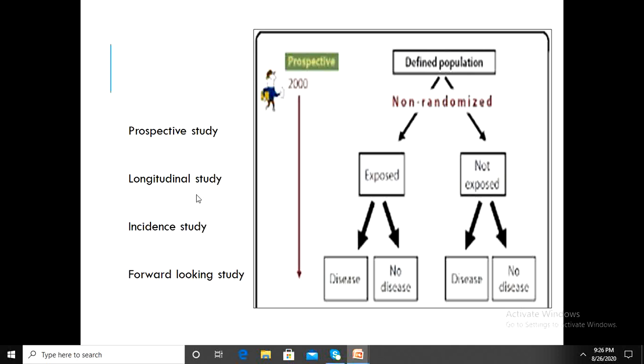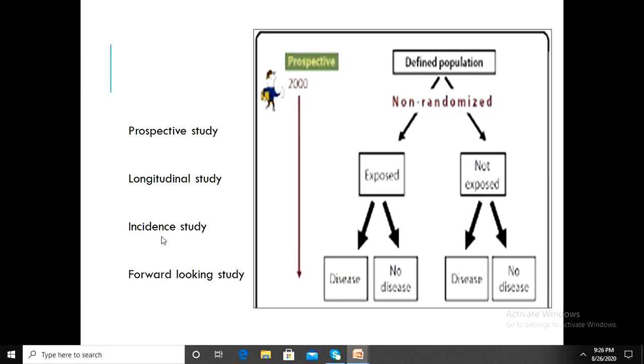Again, it is also known as a longitudinal study because of the longer duration of the research. It is known as an incidence study because the number of new cases occur in front of the eyes of the researcher in the population at risk. The numerator and the denominator both can be calculated by the researcher. This is the only study in which the incidence of a disease can be calculated.